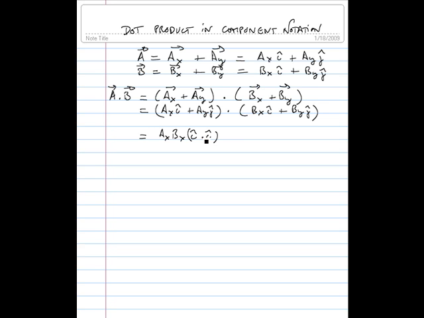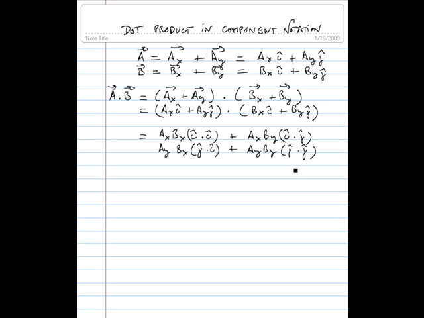So the first term will give me Ax Bx times i dot i. The second term will give me Ax By i dot j. The third term will give me Ay Bx j dot i, and the last term will be Ay By j dot j.